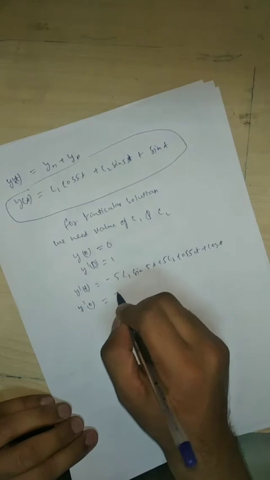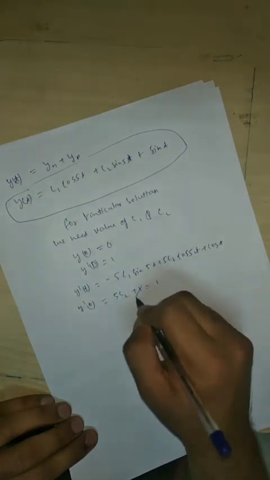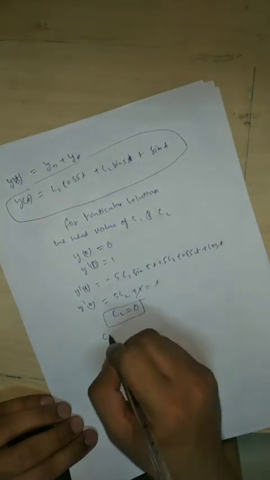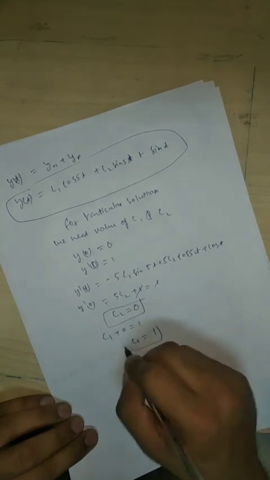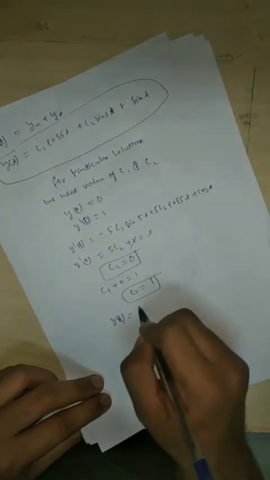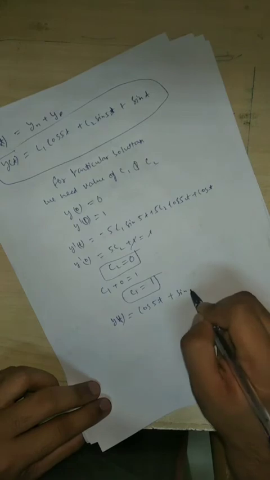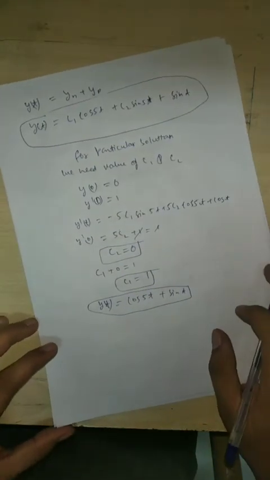So 5 c2 plus 1 is equal to 1, so c2 will come out to be 0. Then c1 plus 0 is equal to 1, so c1 is also 1. So yt finally is cos 5t plus sin t.